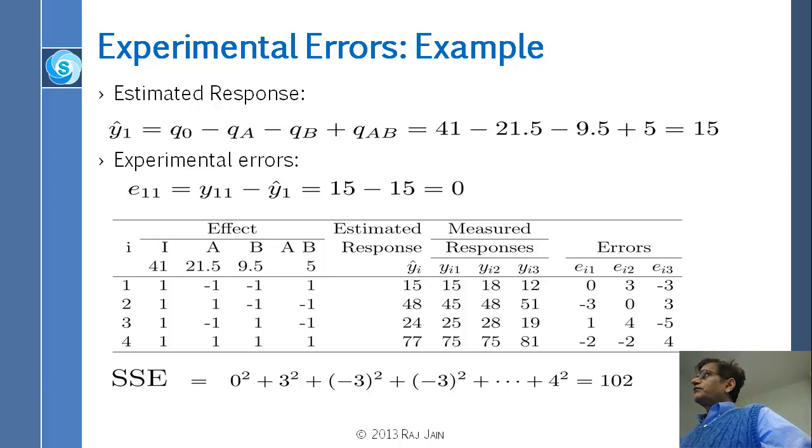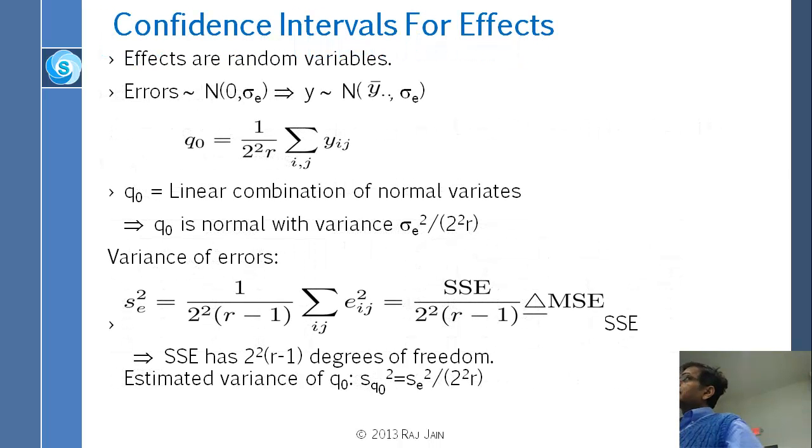If I gave you any 2, then you can get the third one. So the total degrees of freedom the errors have is 8. 8 degrees of freedom. So, yeah, 2, 2, 2, 2, 2. 4 times 2. Actually, that gives you the formula. 2 raised to 2 times r minus 1 is the degrees of freedom. This is the number of rows that we had, and r minus 1 is the degrees of freedom for each row.